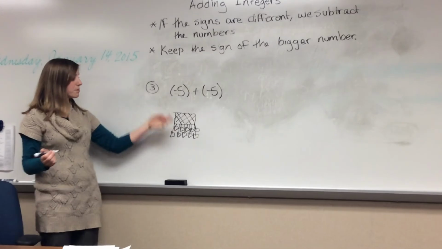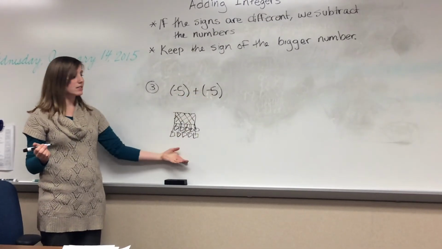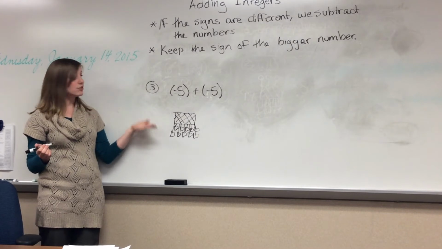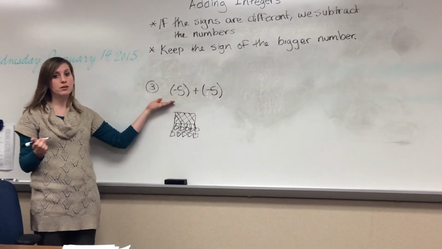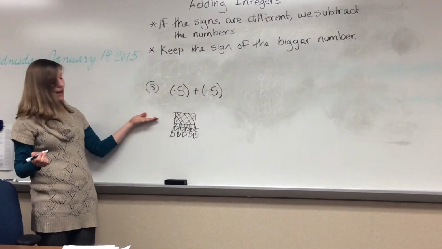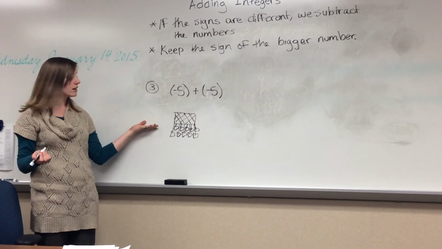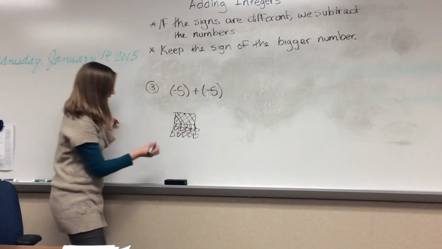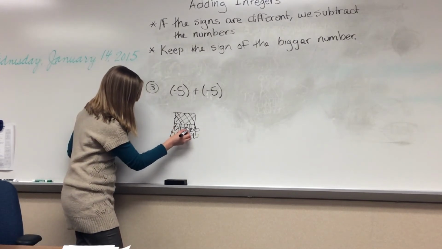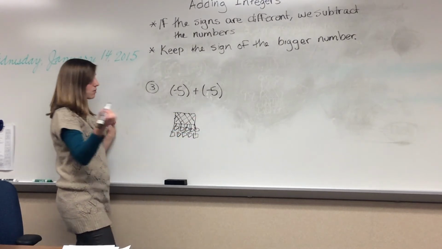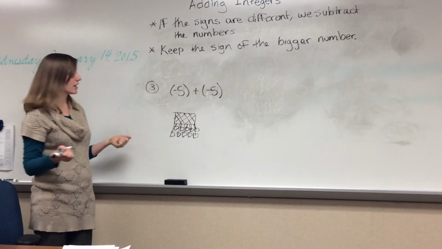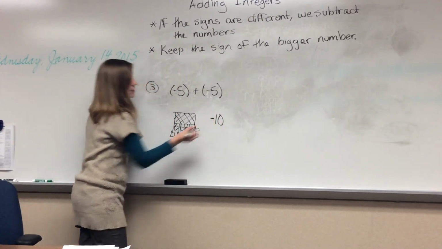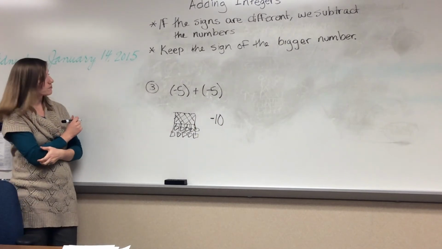You'll notice after I put my 5 weights and my other 5 weights, I have no balloons on my basket. I started out with no positive numbers in the problem, so I should not have balloons on this basket, which means there's nothing to cancel out. So all I can do is count 1, 2, 3, 4, 5, 6, 7, 8, 9, 10 weights that I have on my basket, which means 10 is my number, and it's negative because we're talking about weights.